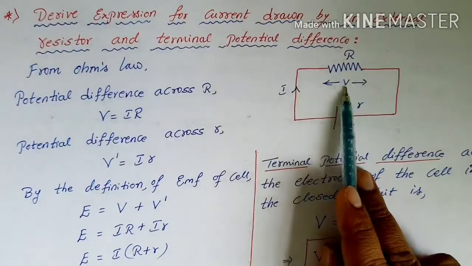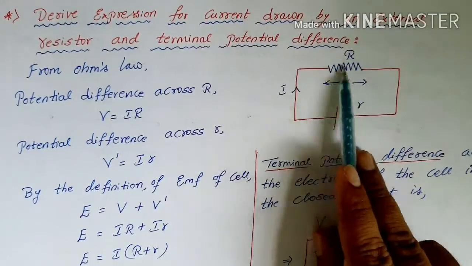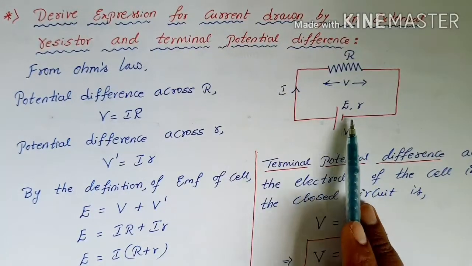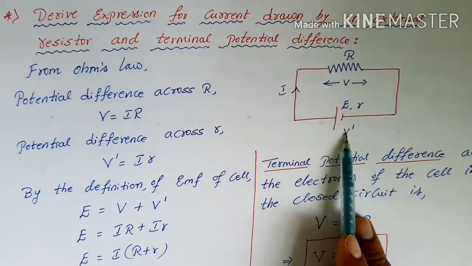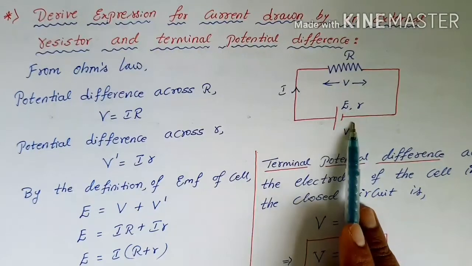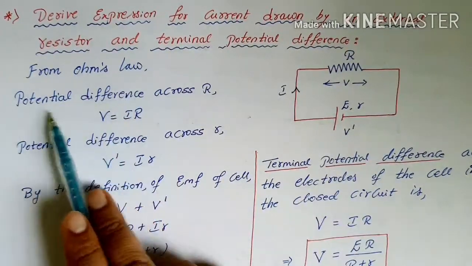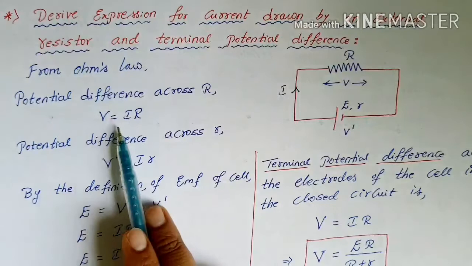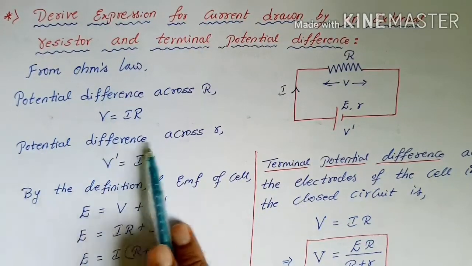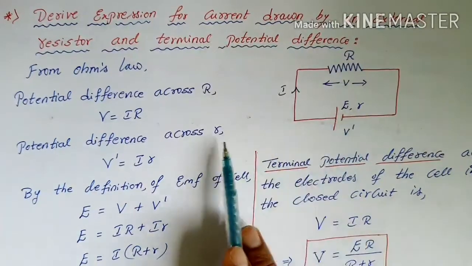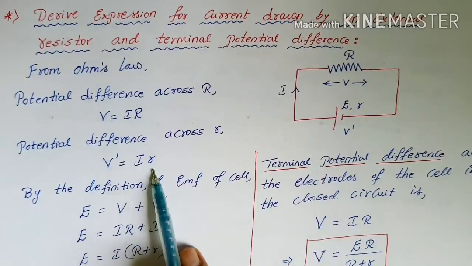I am taking V as the potential difference across the R and V dash as the potential difference across this small internal resistance r. From Ohm's law, the potential difference across capital R I can write as V is equal to IR, and the potential difference across the small r I can write as V dash, that is Ir.